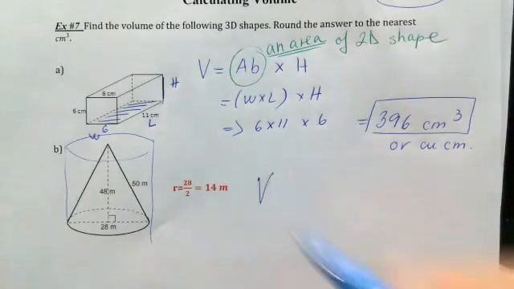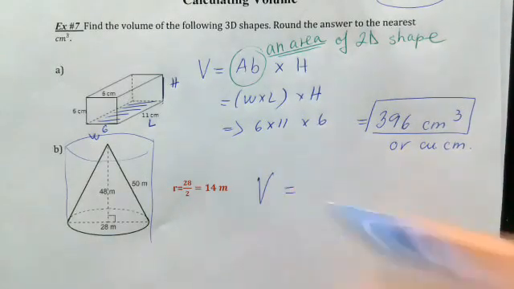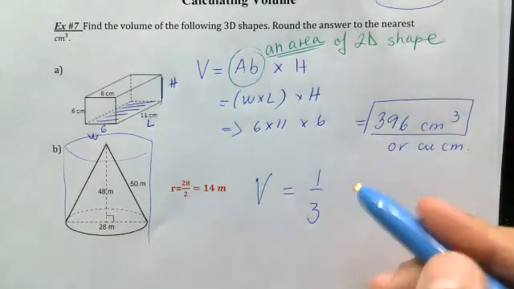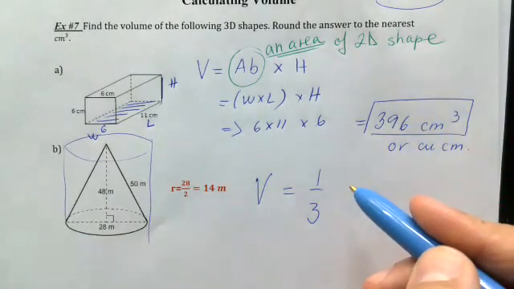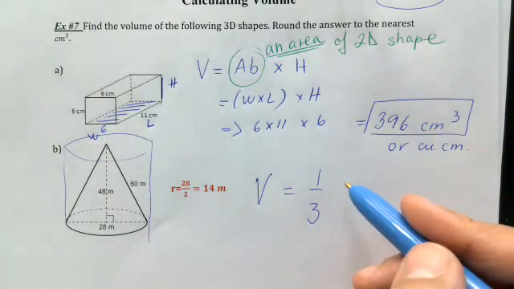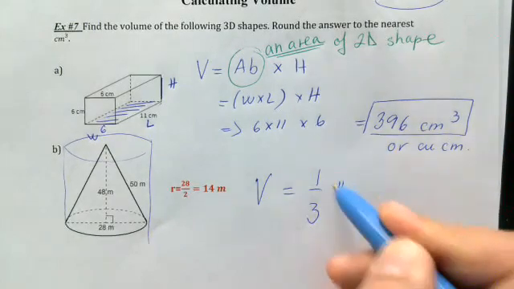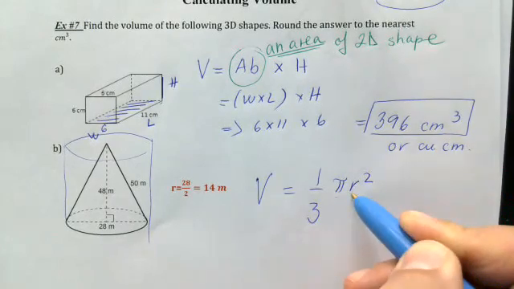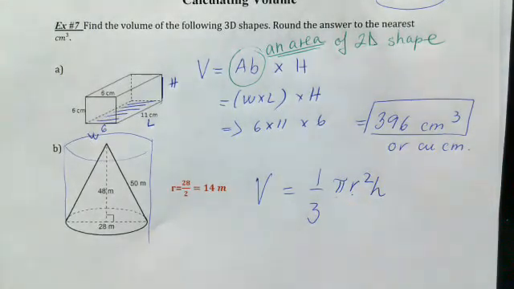So the volume of the cone, you can look in your formula sheet, is 1/3 of what? Pi r square h, and then third is in front.